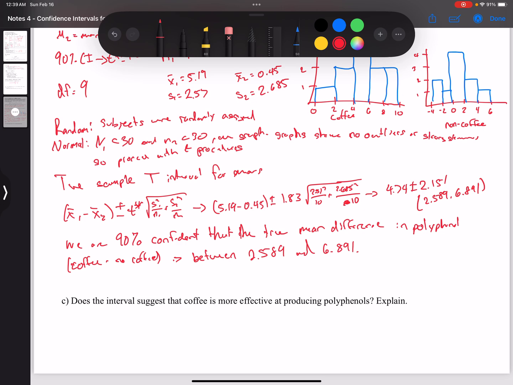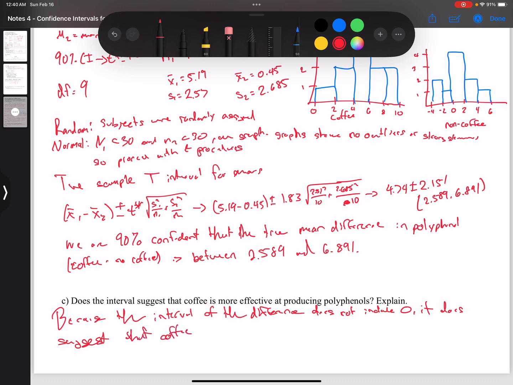But because 0 is not, so because the interval of the difference does not include 0, it does suggest that coffee is more effective at producing polyphenols.